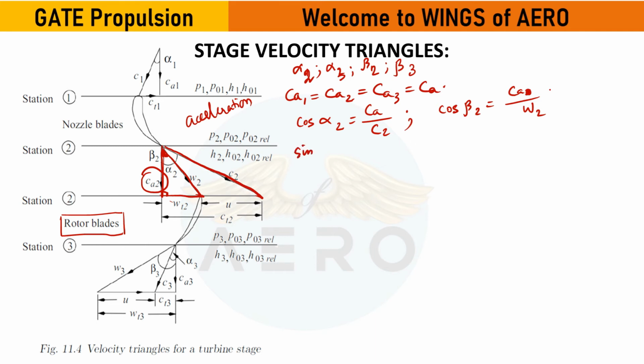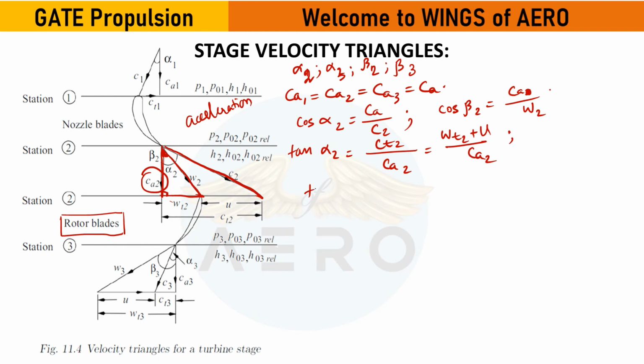Can I use sine alpha 2? I cannot use the Ca value, so I cannot use sine. So let's take tan. Tan alpha 2 is height by base. The height is Ct2, base is Ca2, right? So Ct2 becomes Wt2 plus U, by Ca2, right?